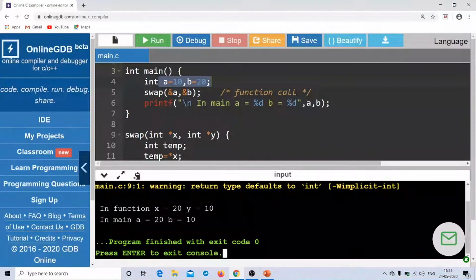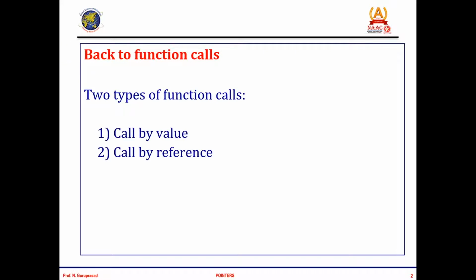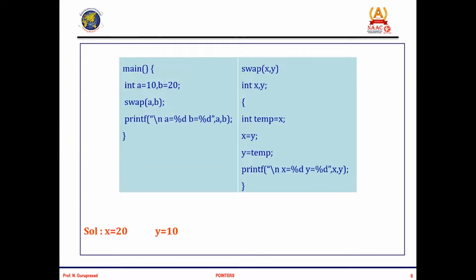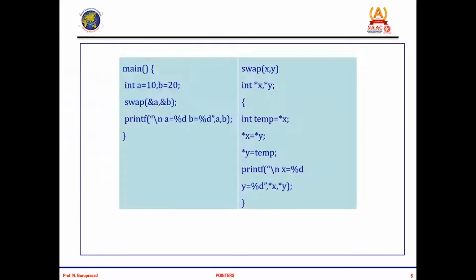So this is the fundamental difference between call by value and call by reference: in call by value, values of the variables in the main program will not be affected, but in call by reference, the values of the variables in the main program will be affected. So this is the code of call by reference.